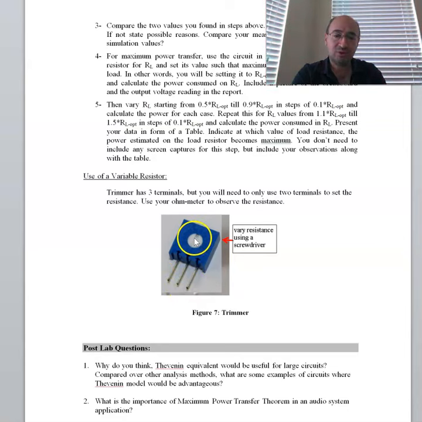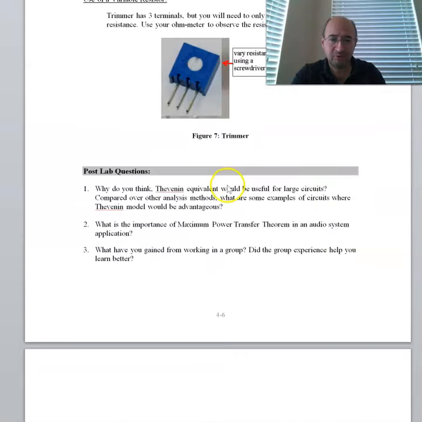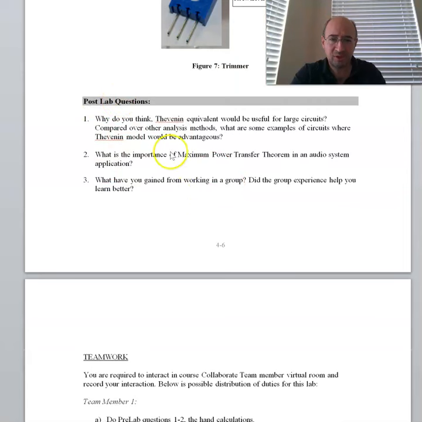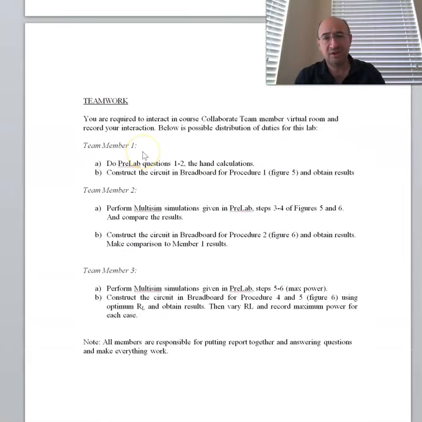What you should do is set the value of RL using a screwdriver, and a multimeter measures how much resistance it has. So you might start with 0.5 RL optimum and go up. And we have a bunch of questions.